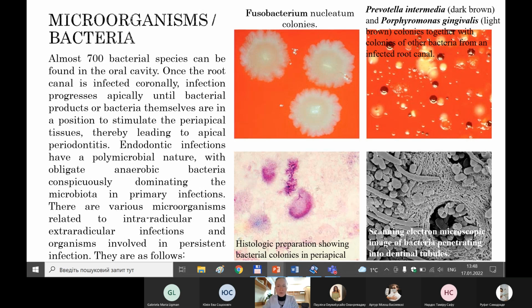Actually, this photo shows you the most typical and predominant microorganisms that can be found inside the root canal pulp tissue inflamed due to pulpitis. So Fusobacterium, Prevotella intermedia, and Porphyromonas gingivalis.